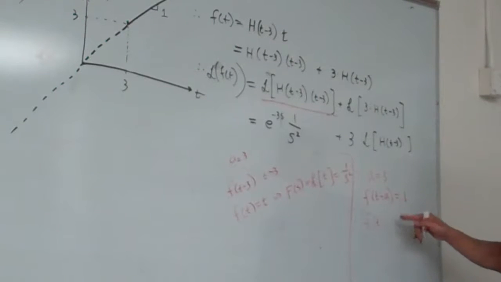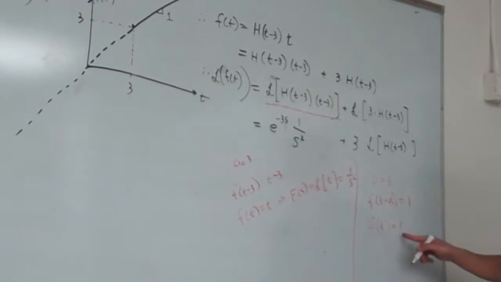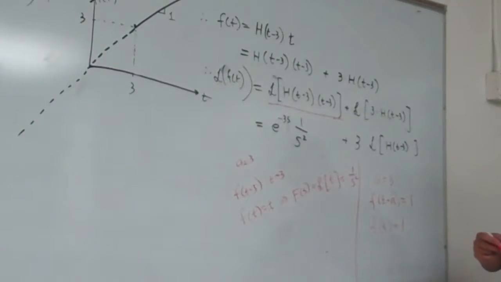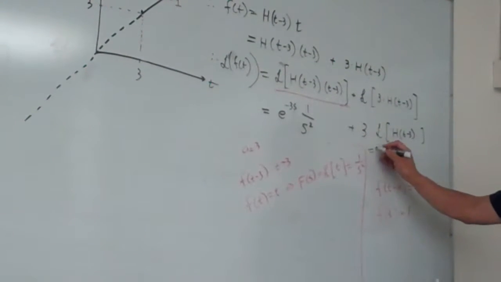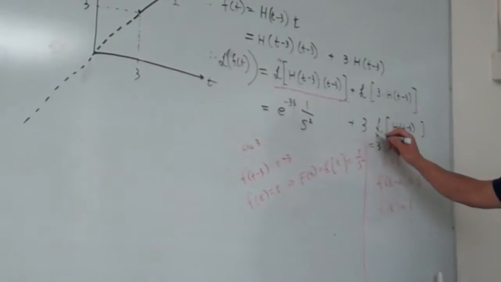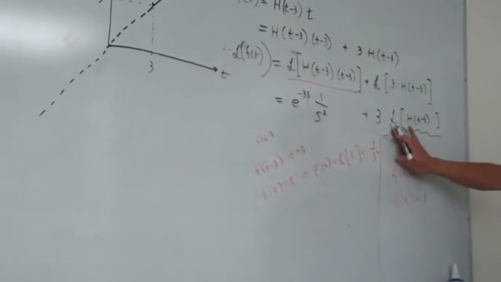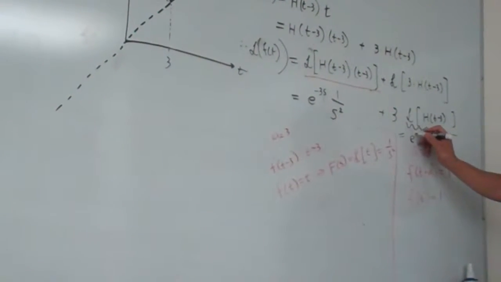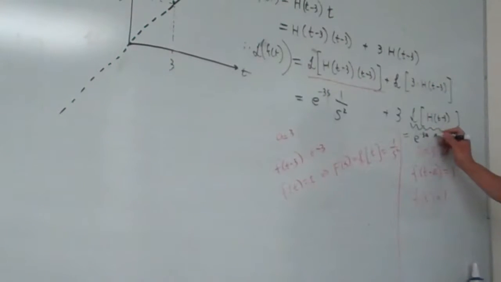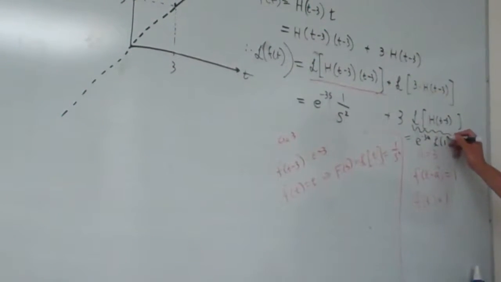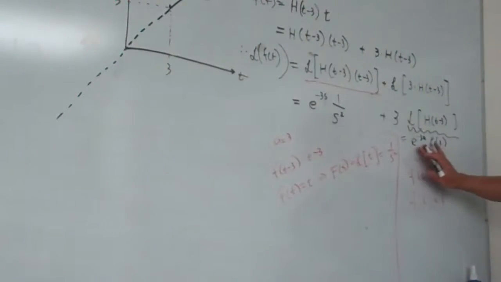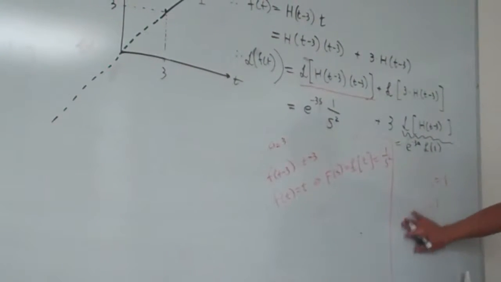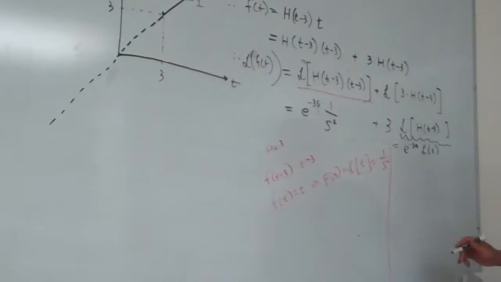So basically, this is a time constant function. This is 1. So this term here will be equal to e to the minus 3s. Let me rewrite.